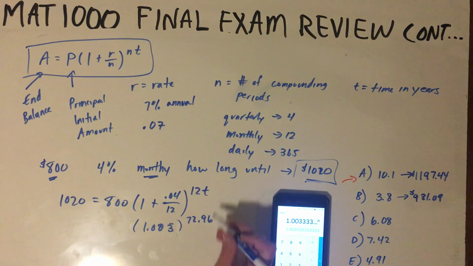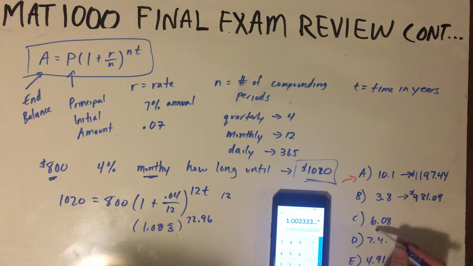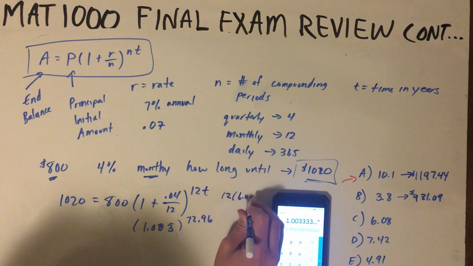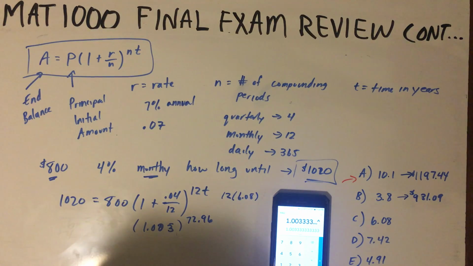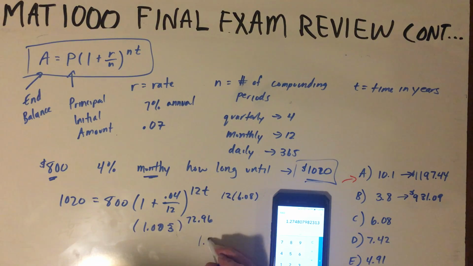The 72.96 is the 12 times this time frame right here, the 6.08. I'm going to raise this to the 72.96, and again this spits out some number, 1.2748. You do not round this number, just leave it in there and times it by the 800.